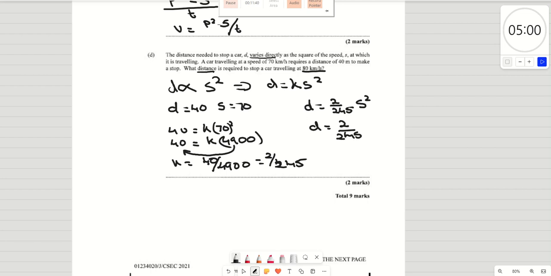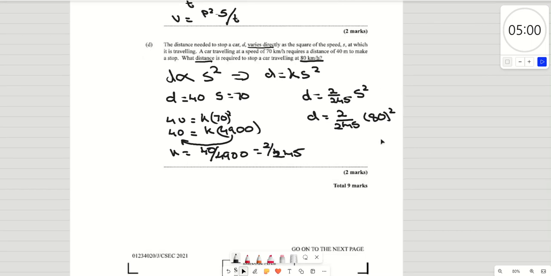So d is equal to 2 over 245 times s squared. What is s, or what is the speed? 80 squared. You can put this in your calculator. And when you put this in your calculator, you're going to get d is equal to 52 and 12 over 49. What is d? D is in meters.